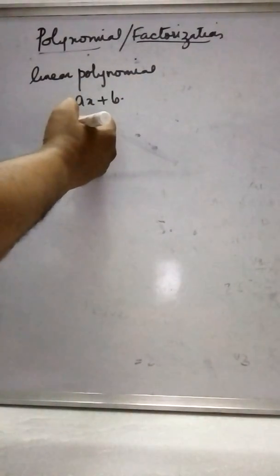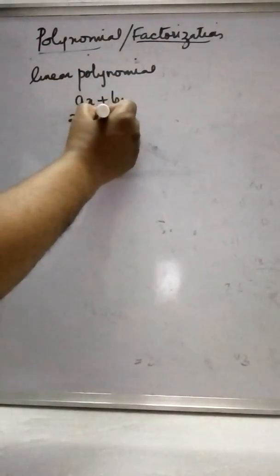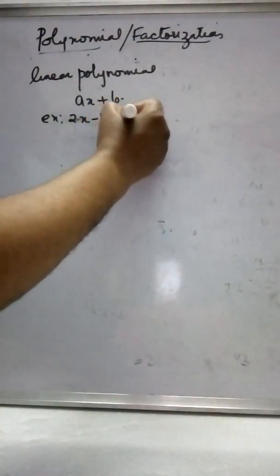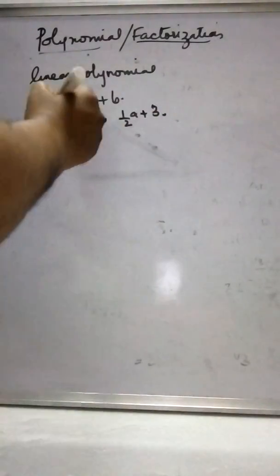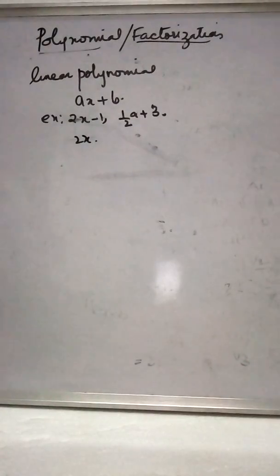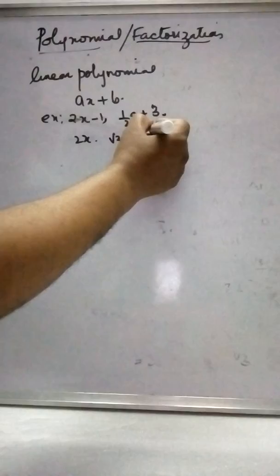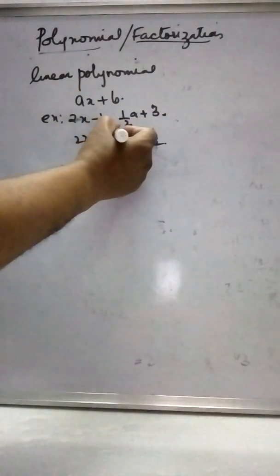This is called a linear polynomial. I can even write this as 2x minus 1. Examples I'm giving you. Or I can say 1 by 2a plus 3. Or even I can say 2x. This is also a linear polynomial. Or root 2x minus 1 by 2. This is also a linear polynomial. Root 2 is only for x.